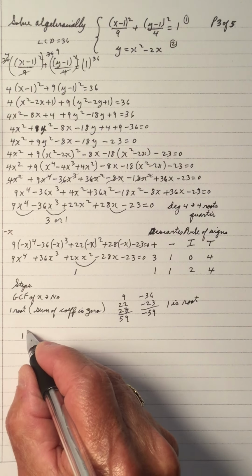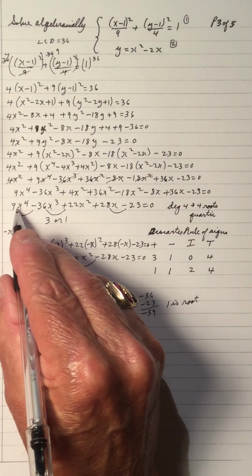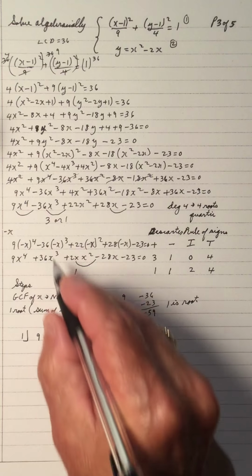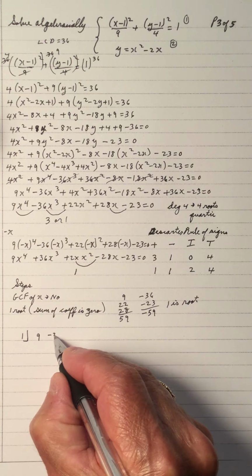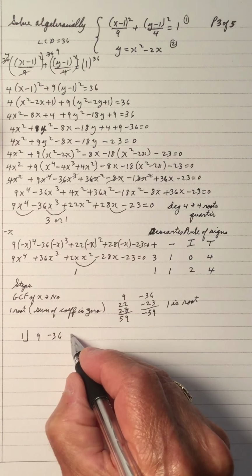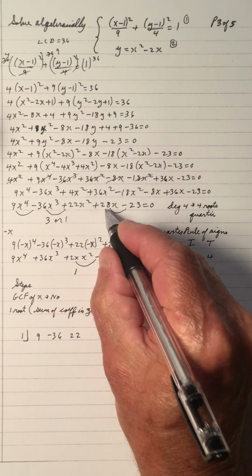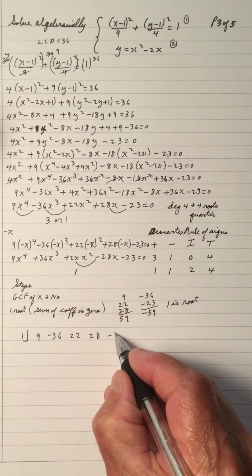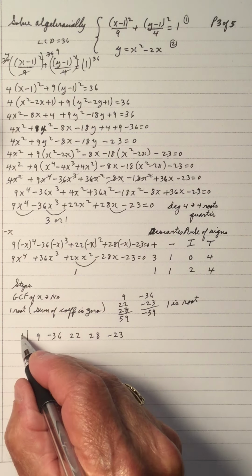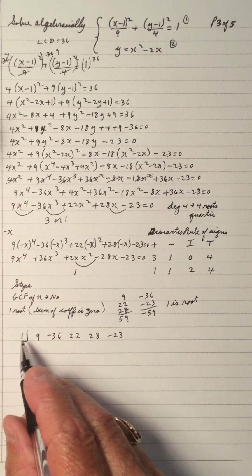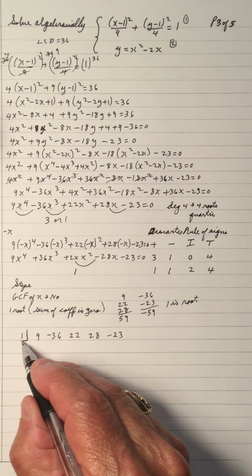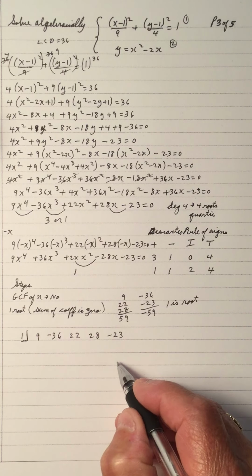So I have a 1, and I look at this equation. I'll write down the 9, negative 36, 22, 28, and negative 23. I know 1 is a root because the sum of the coefficients is 0, so the remainder is going to be 0.